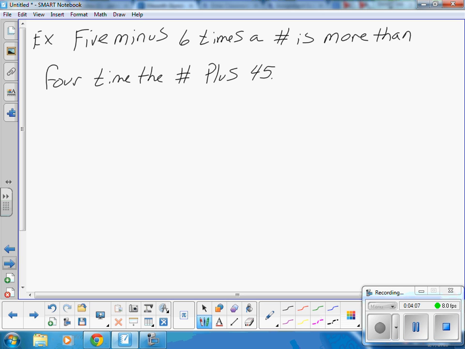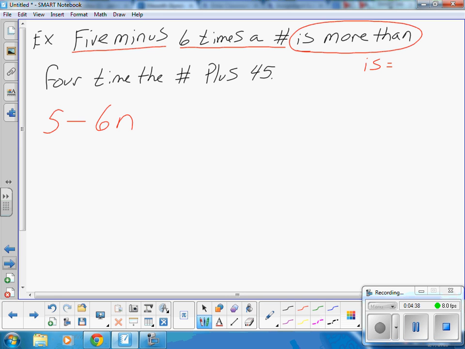All right, to rewrite this problem, first of all, it says 5 minus. So that's going to be 5 minus 6 times a number, 6 times some number. We could use n or x. Is more than. If you remember, is equals. So when it's is more than, that's telling you it's the equality.